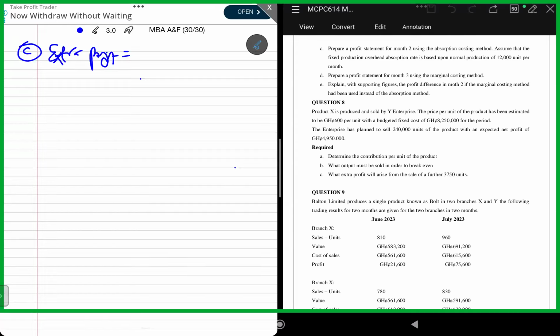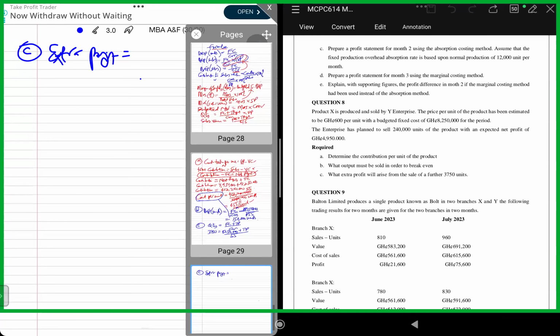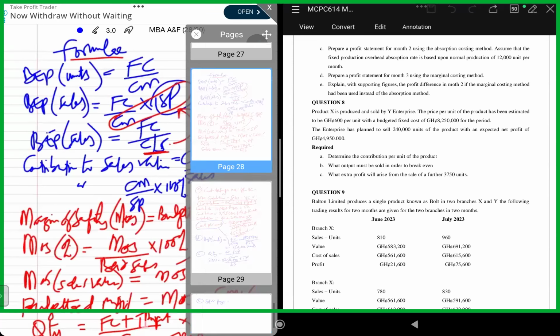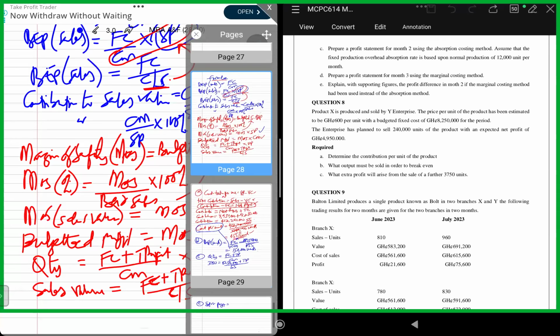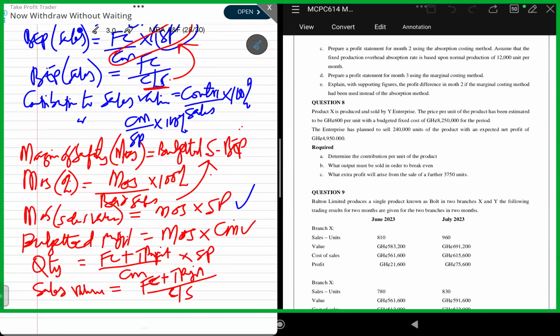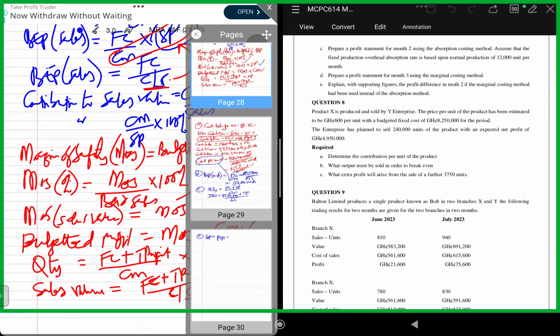Is it using the margin of safety times selling price? Look at the budgeted profits. Margin of safety times what? Selling price. Margin of safety times selling price. Have you seen it? Yes.